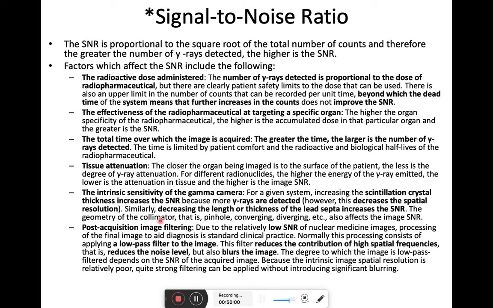For different radionuclides, the higher the energy of the gamma ray emitted, the lower the attenuation in tissue, and the higher the image SNR.